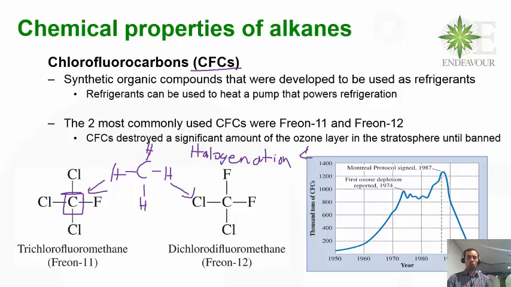We'd need 4 separate reactions, because remember, each halogenation reaction is going to only replace one hydrogen with one halogen atom. So because these CFC compounds have all 4 positions substituted, that means they would have needed to do 4 halogenation reactions to make this possible.